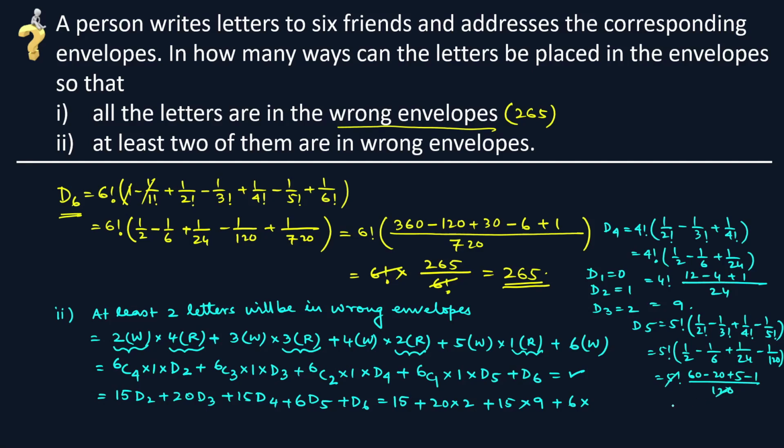Factorial 5, 120 goes off, so it is coming like 44. So 6 into 44, and just now we have calculated D6 as 265.